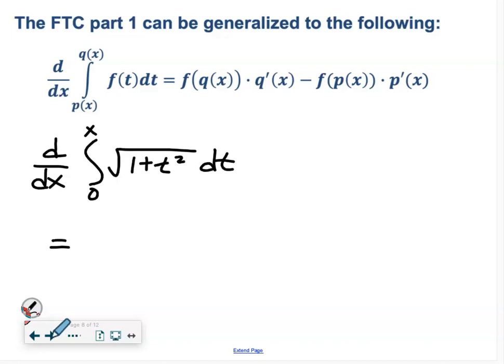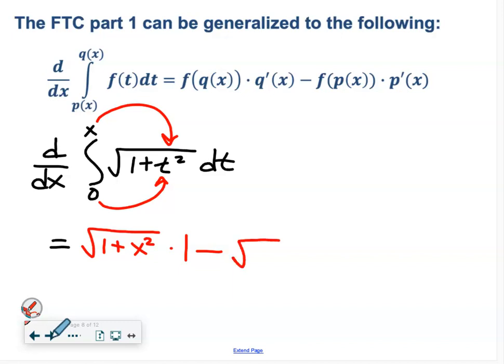So if we were to do this using the more generalized version of FTC Part 1, the first thing you do is take this and plug it in for your t. So you replace your t with whatever's up here. So I get the square root of 1 plus x squared times the derivative of this upper limit. What's the derivative of x? 1. Minus, now you take your lower limit and plug it in for t.